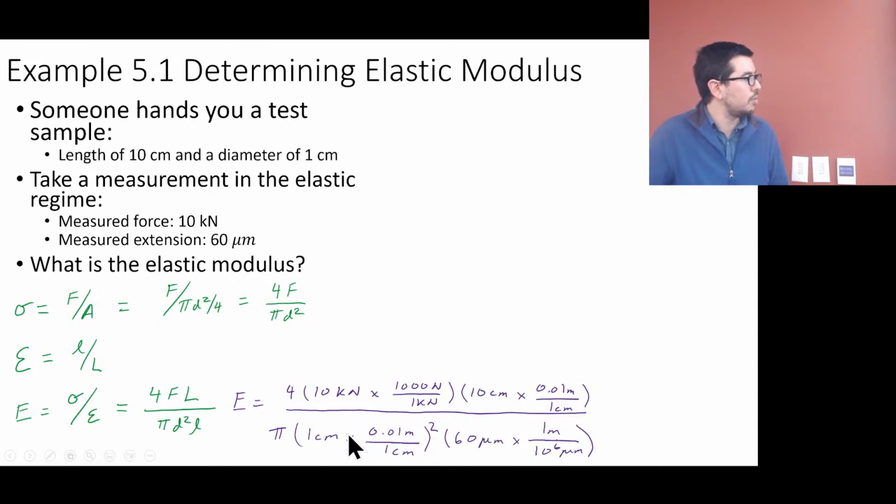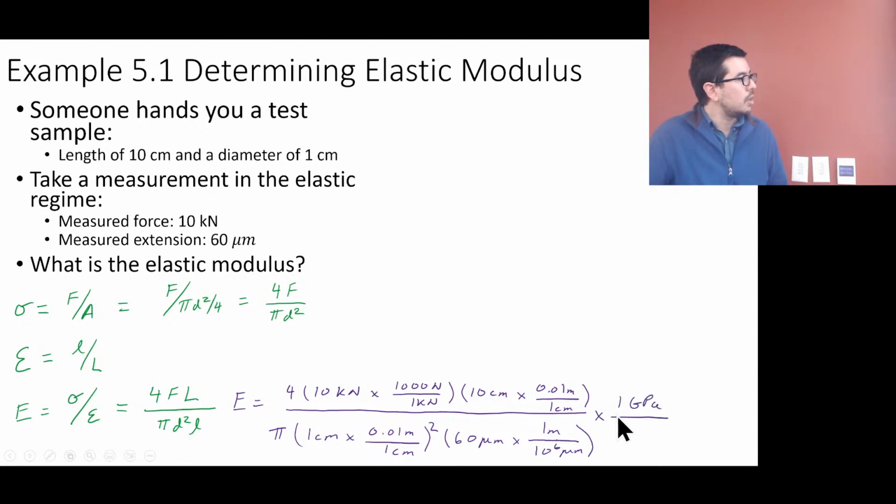All these things, and if you have a square, sometimes it's easier to keep it in the square. So do the 1 centimeter, do that conversion inside and then square the whole thing. A micron, right, is 10 to the minus 6 meters. All right, so that's these things.